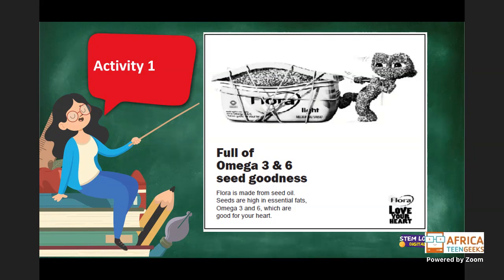B. Seeds are high in essential fats, omega-3 and 6, which are good for your heart. Okay, so what do you think? What can you share there?